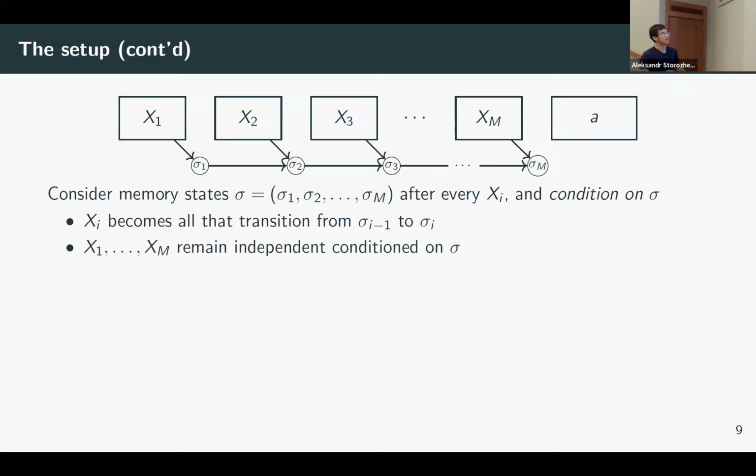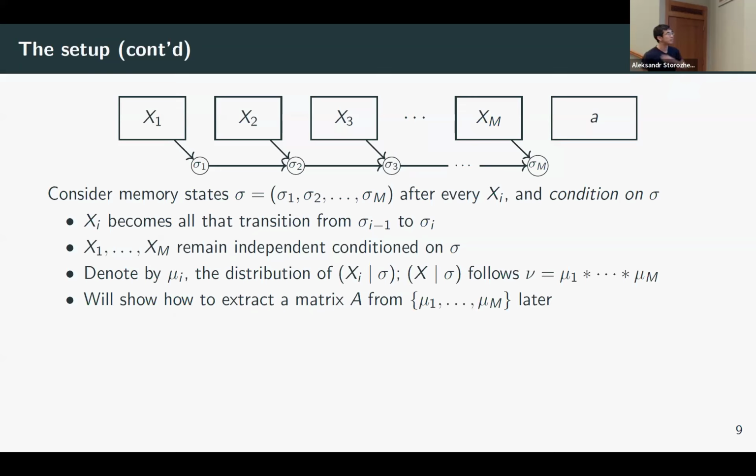So this is some distribution, and because of the Markov property of the streaming algorithm, these random Gaussian noises xi remain independent even if we condition on the sequence of the states. And this conditional distribution of xi's conditioned on the sequence of memory states is what we are going to analyze carefully.